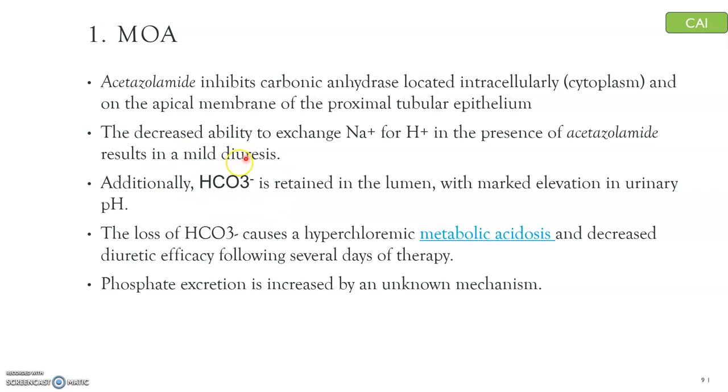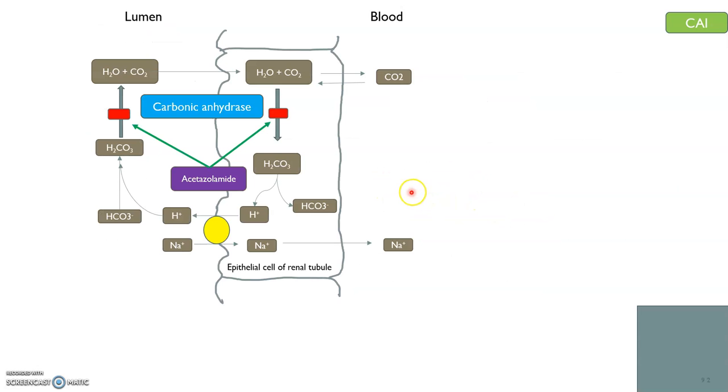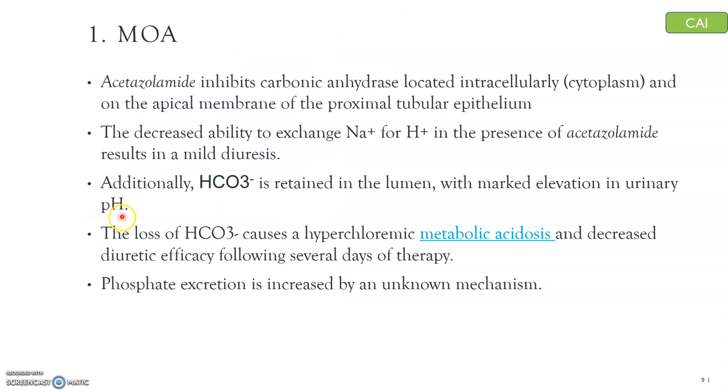In addition to that, bicarbonate is retained in the lumen with marked elevation in urinary pH. Bicarbonate is retained because it doesn't combine with hydrogen, so we cannot form carbonic acid and cannot form water and carbon dioxide, because the action of carbonic anhydrase is inhibited. So we have more bicarbonate, and that will increase the urinary pH, which becomes more alkalinized.